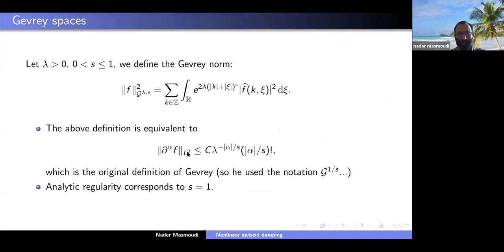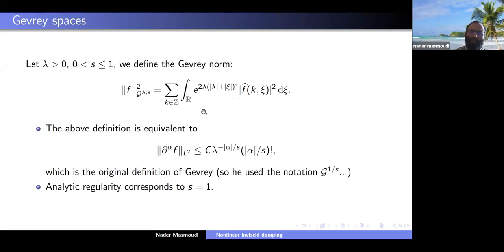To state the result with Jacob, I also have to introduce the Gevrey regularity. Here I'm taking the Fourier transform in x and y. x is in the torus, so the Fourier variable of x is in Z, whereas the Fourier variable of y is in R. In the Gevrey space, the Fourier transform has to decay like exponential of minus lambda times the absolute value of k plus xi, to the power s.